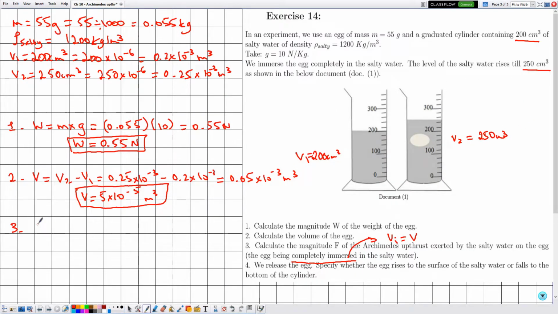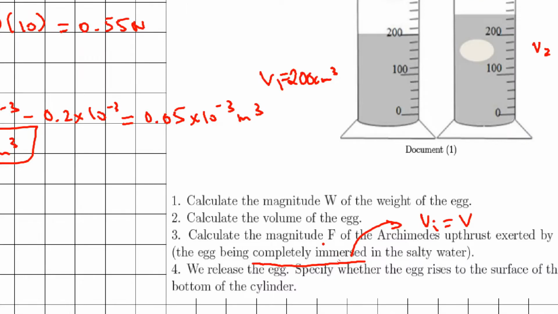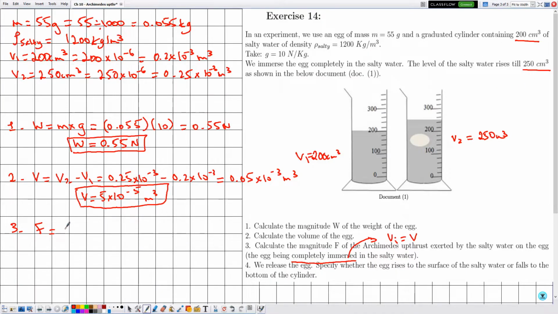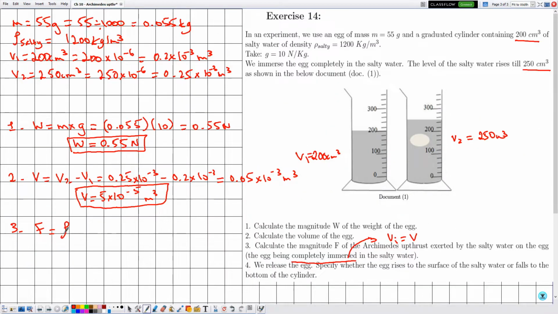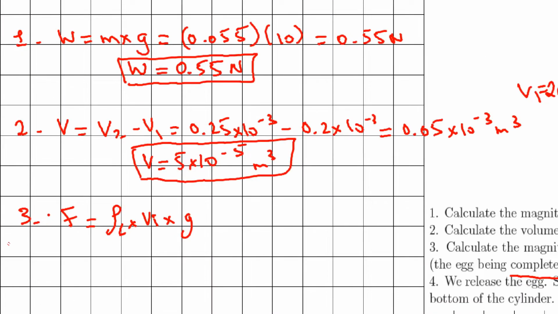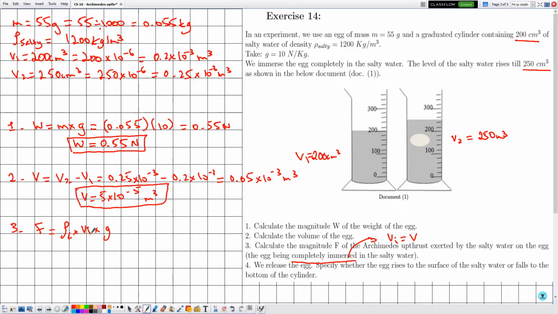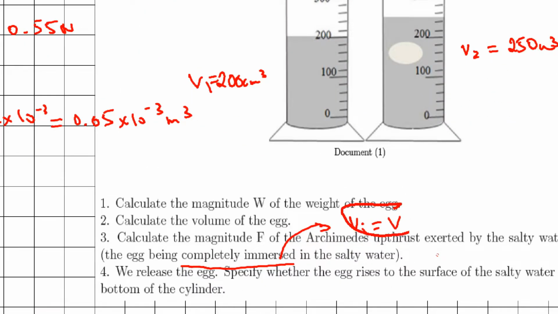So the value of F upthrust is given by the density of the liquid, denoted rho salty, multiplied by the volume of the immersed part, times G. No need to construct a triangle because this is the quantity that we want to determine. But here the immersed volume is equal to the total volume because it's completely immersed.